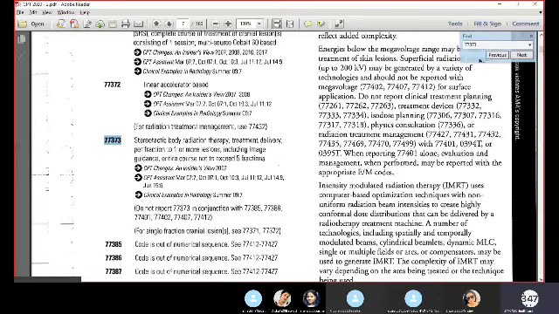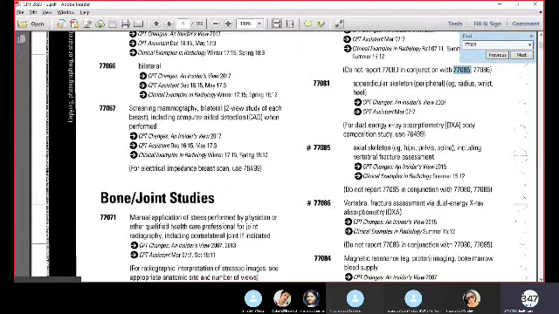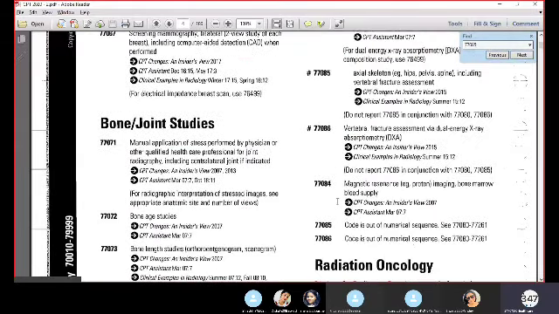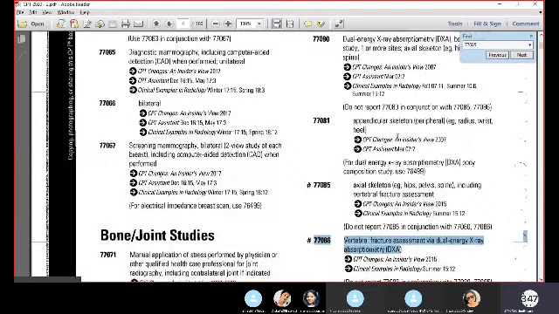This is very, very important. Most of the people are not taking it correctly. It's an easy question where we will get one mark, but people are not following correctly. If it says DEXA with vertebral fracture assessment, then 77086. If bone density study and vertebral fracture assessment are both there, then 77085.